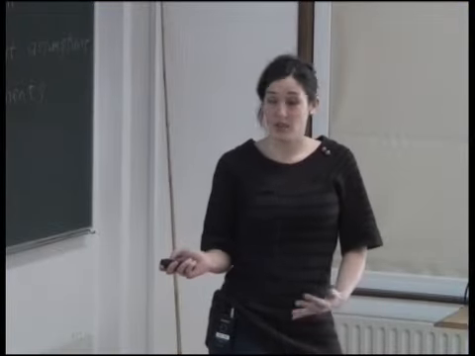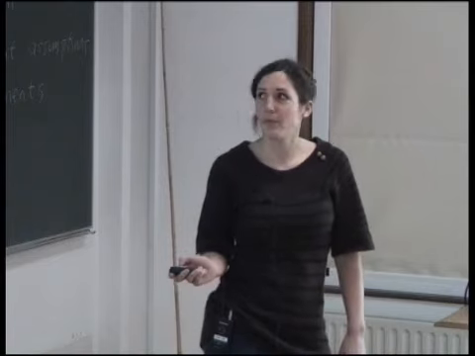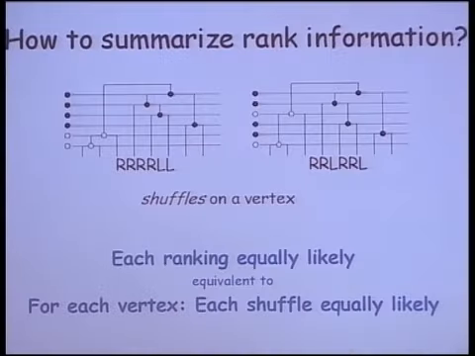So what do those shuffles have to do with the ranking? Each ranking being equally likely, which is our neutral model, is actually equivalent to each shuffle being equally likely at each vertex. So if I'm in this vertex, this shuffle has the same probability as that shuffle. Then if I go down the tree and I'm in this vertex, each shuffle on that vertex, so on those 3 speciation events below, would be equally likely as well.